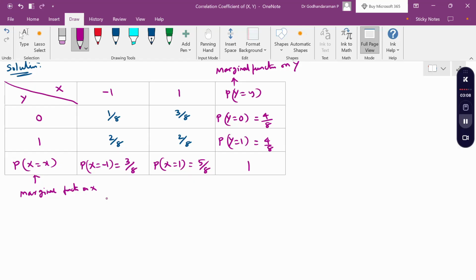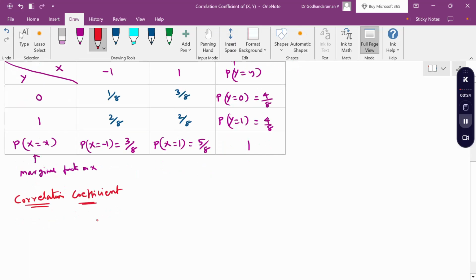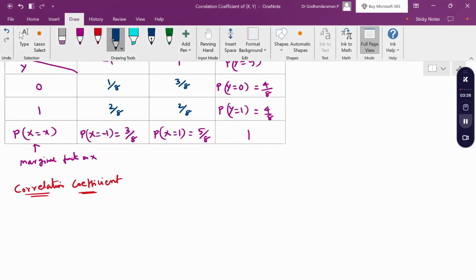Now what is the formula for calculating the correlation coefficient? We can use the notation rho or r or whatever.